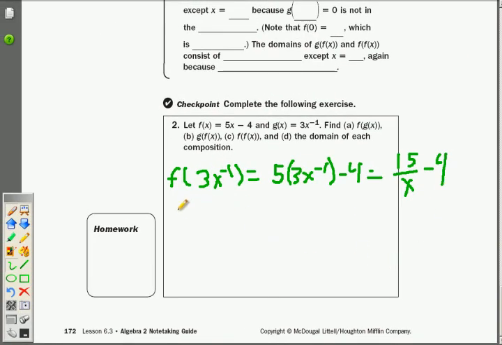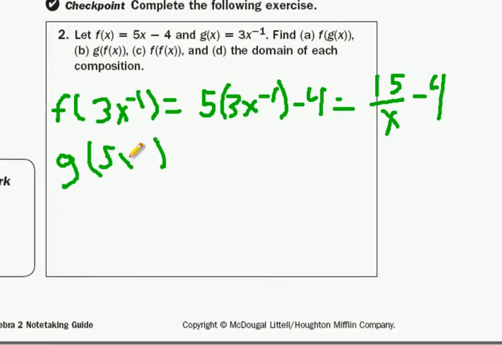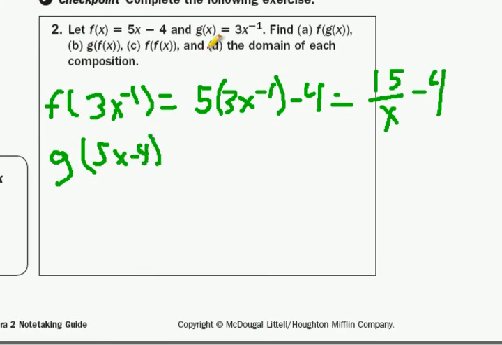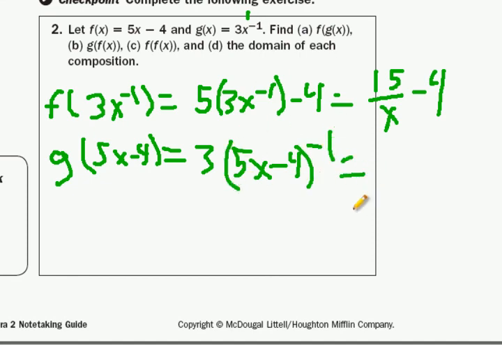And if I find g of f of x, f of x is 5x minus 4. I go into my g function and I write 3 times 5x minus 4 to the negative 1 power, which equals 3 over 5x minus 4.